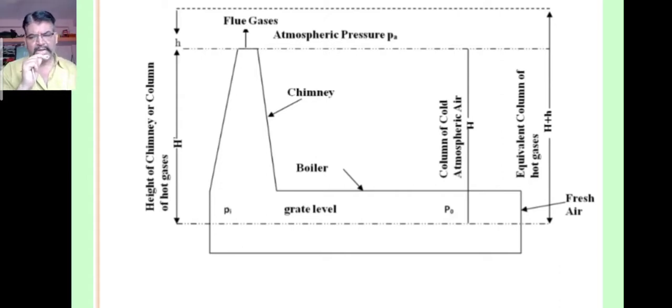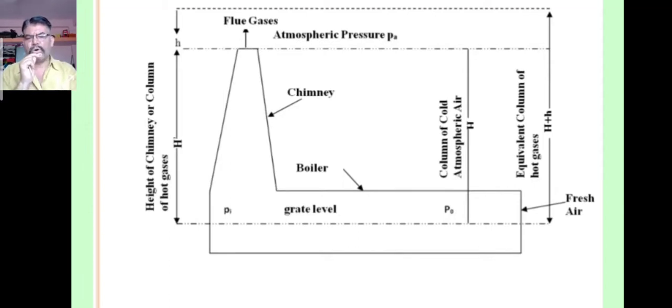The net pressure difference causing the flow through the combustion chamber is delta P, equal to P2 minus P1. Therefore I can write the equation as (rho A minus rho G) into gh.